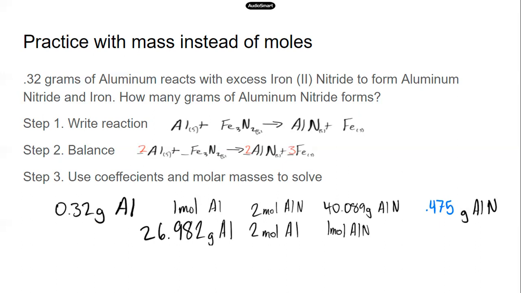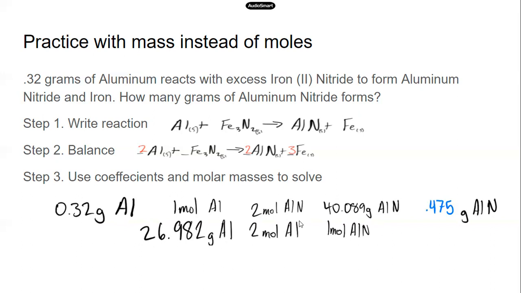And then we go back to our molar mass of aluminum nitride to figure out how many grams of aluminum nitride we have. If you notice right here, just some more dimensional analysis. We're going to cross out the grams, cross out the moles of Al, cross out the moles of AlN, and we're just left with grams.